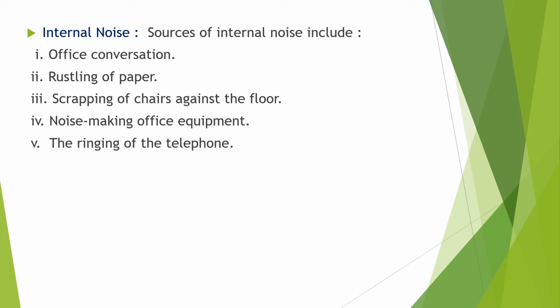And last is the ringing of the telephone. The effect of internal noise is increased because modern buildings of steel and concrete promote an increase in the intensity of noise, both external and internal.